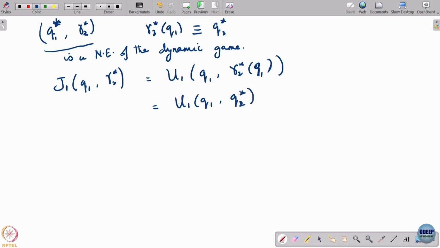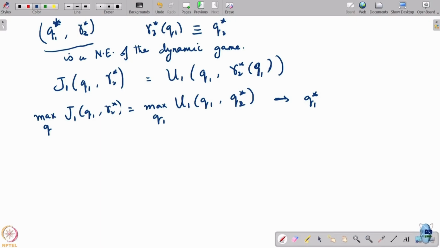Now you maximize this over q1, what would you get? You are effectively just doing the best response to the simultaneous Nash equilibrium strategy of player 2, right. So, if you maximize this now over q1, the maximizer here is q1 star.